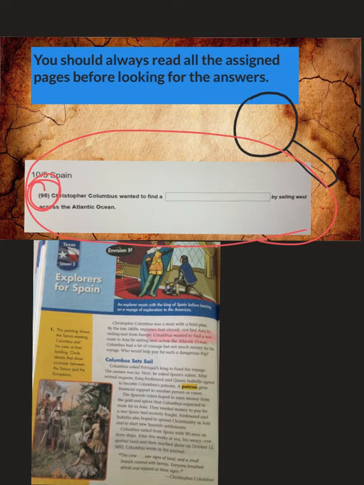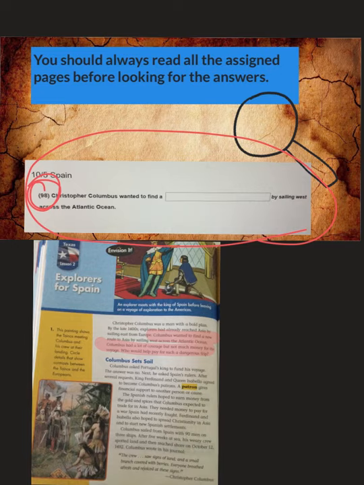Here it is right here. Christopher Columbus wanted to find a new route to Asia. So that's what I would fill in the blank. Christopher Columbus wanted to find a new route to Asia by sailing west across the Atlantic Ocean. Okay, so as you see those numbers on the side of the questions, that'll help guide you towards the answers.